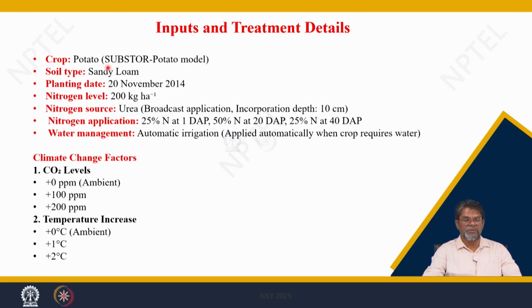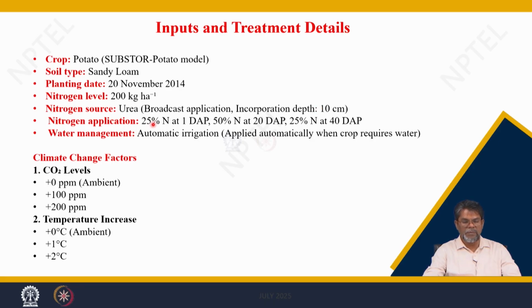The soil type is sandy loam, the planting date is 20 November 2014, and the nitrogen level is 200 kg per hectare. The nitrogen source is urea, broadcast and incorporated to a depth of 10 centimeters.